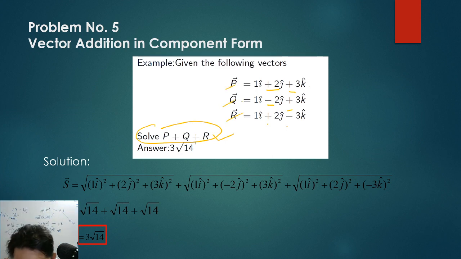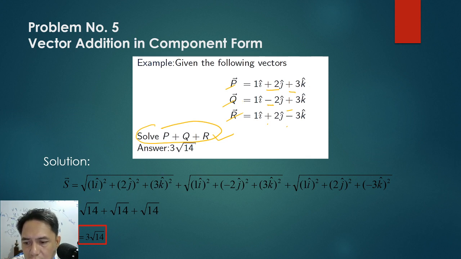So in vector component form, we just have to add the square of each vector component, and then we extract the root.